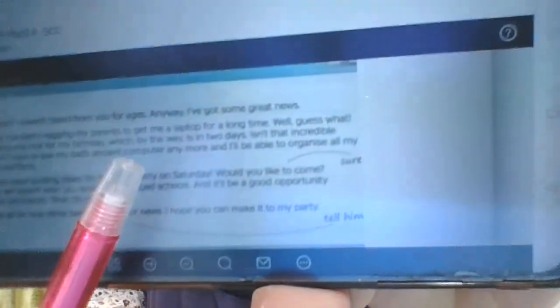They're getting me one for my birthday. My parents want to buy me a laptop for my birthday, which by the way is in 2 days. Okay, it will be his birthday. Isn't it incredible news? I won't need to use my dad's ancient computer anymore, and I'll be able to organize all my music files and films.